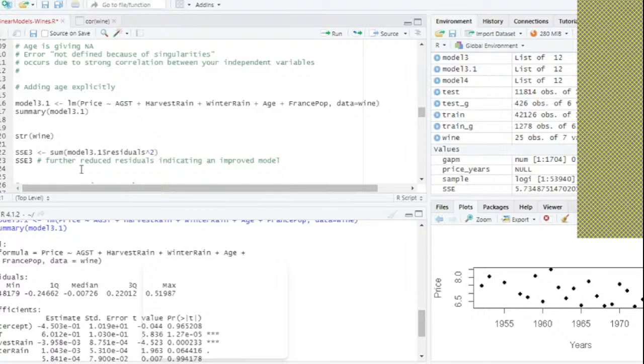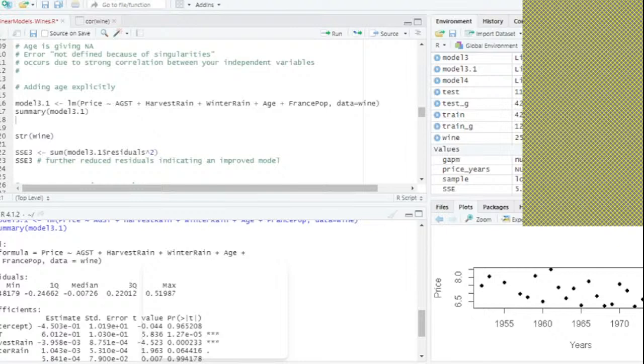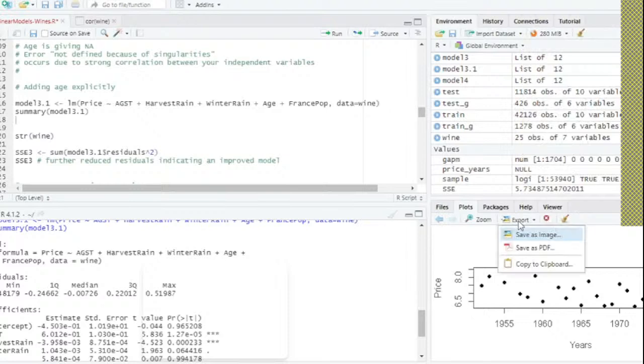Okay, so I was discussing. And what if we want to copy the charts? You mean these charts here, right? That you can download. See, export. You can export these.